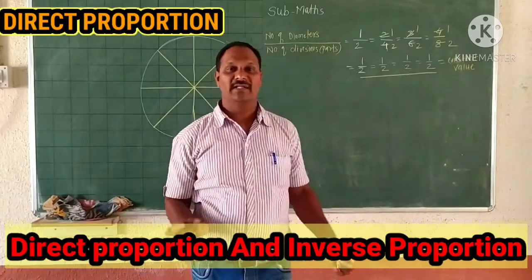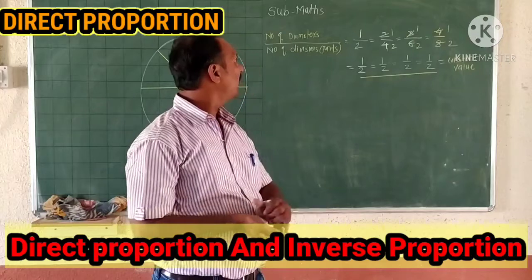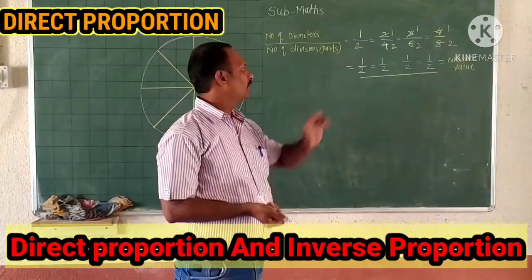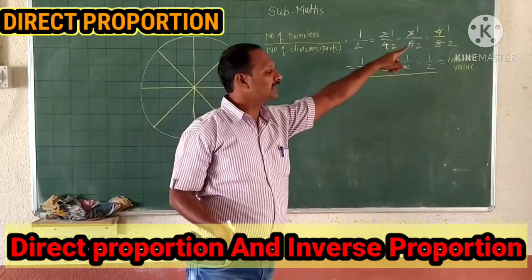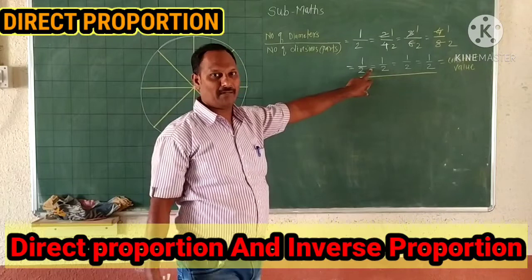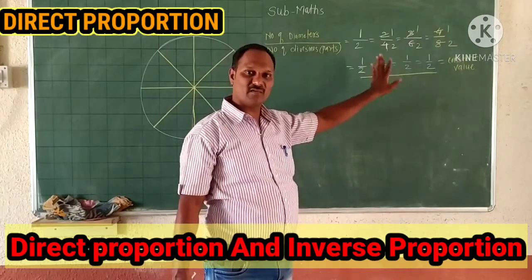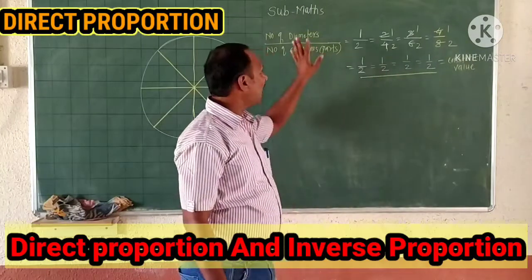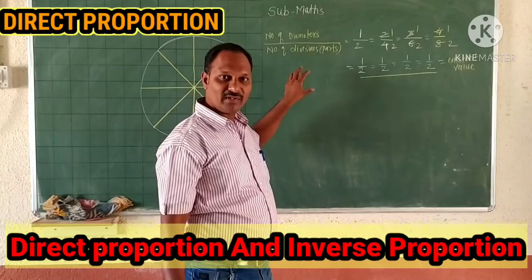That is called a direct proportion. A very simple definition: when one quantity increases and the other quantity increases, and their division remains constant, it is called direct proportion. This is the one example given in your book.